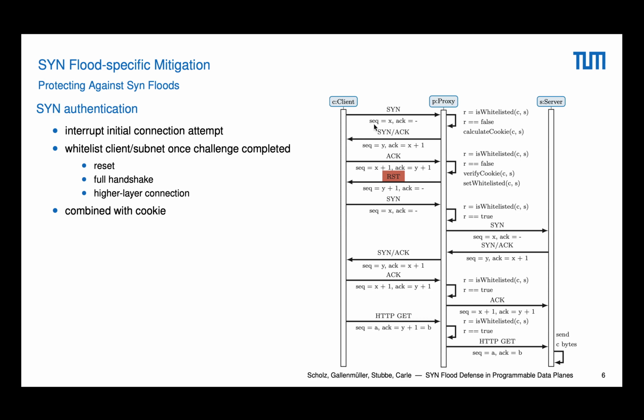So the client needs to prove that it can initiate a higher layer connection before the proxy terminates, and then whitelists any future connection attempt. And because you can whitelist all future connection attempts, you can immediately forward even the initial handshake to the server, so you do not need any translation for the remainder of the time.